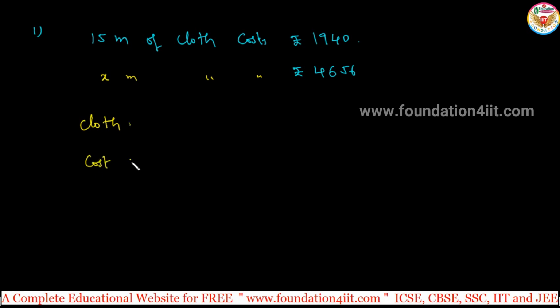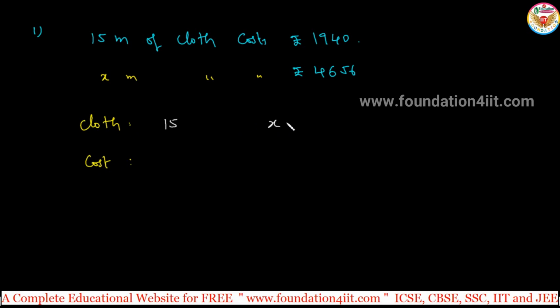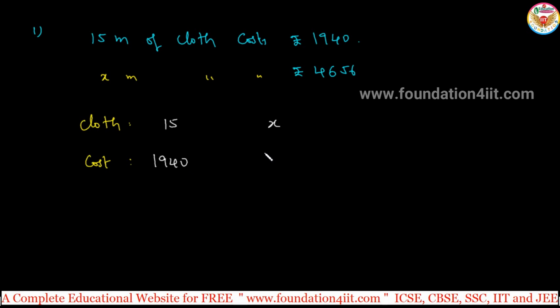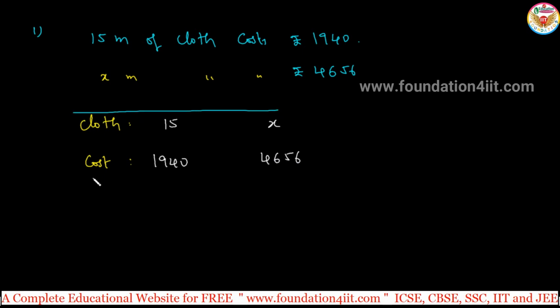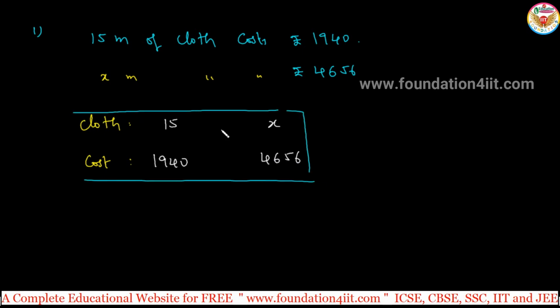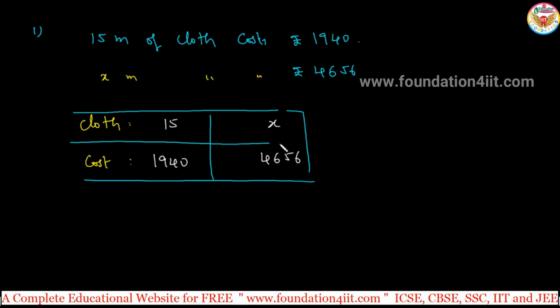The first is 15 meters and the second item is x meters. For 15 meters the cost is 1940 and for x meters the cost is 4656. You just make the table this way, then we can find out.